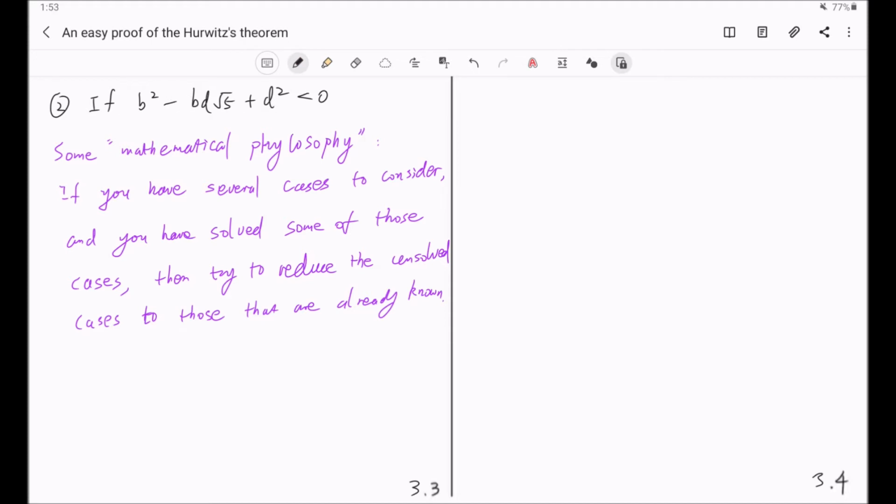So with this inequality, if we divide both sides by d squared, we will get b squared over d squared minus square root of 5 times b over d plus 1, which is strictly less than 0. And you do the factorization of this, you will get b over d minus (square root of 5 minus 1) over 2 times b over d minus (square root of 5 plus 1) divided by 2.